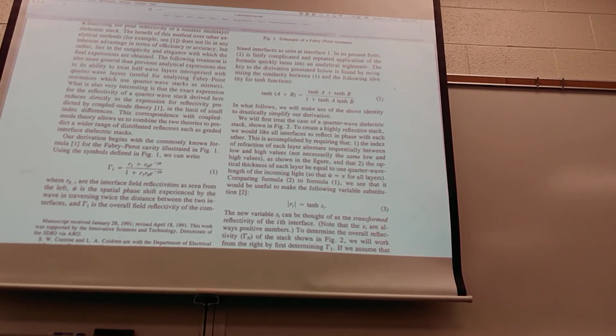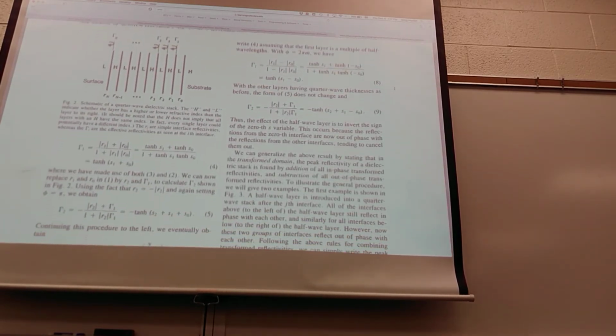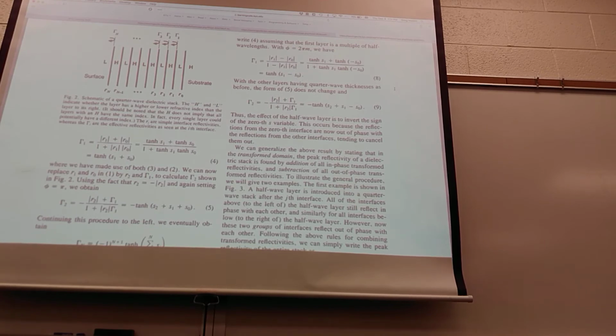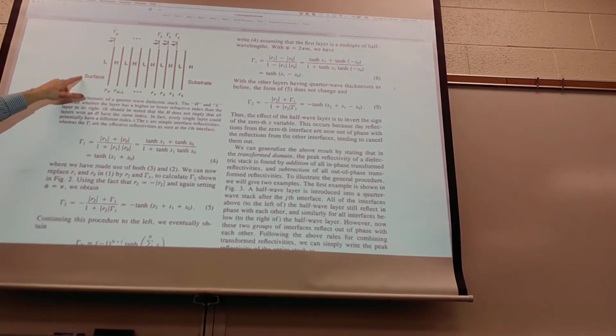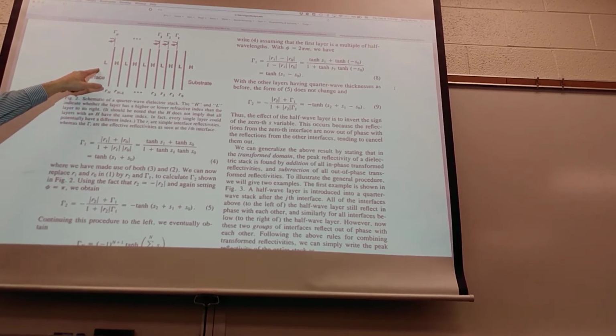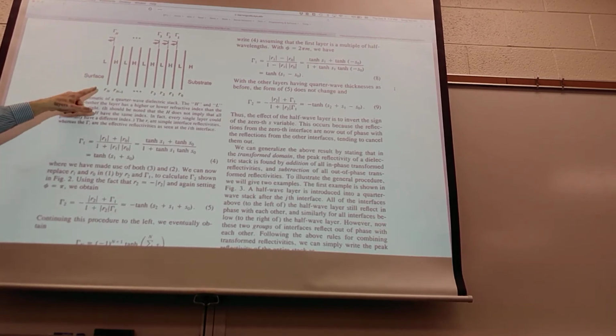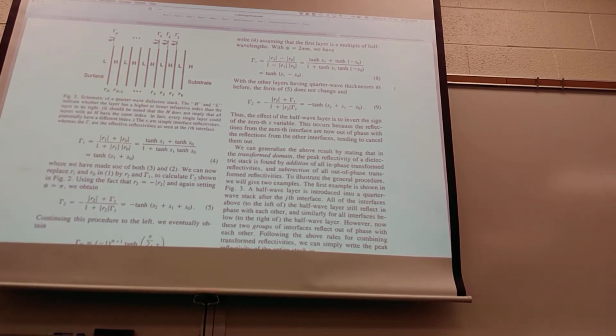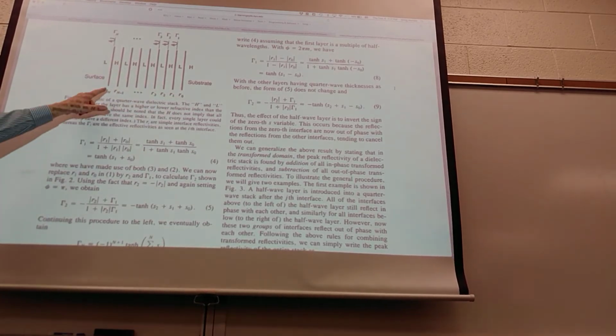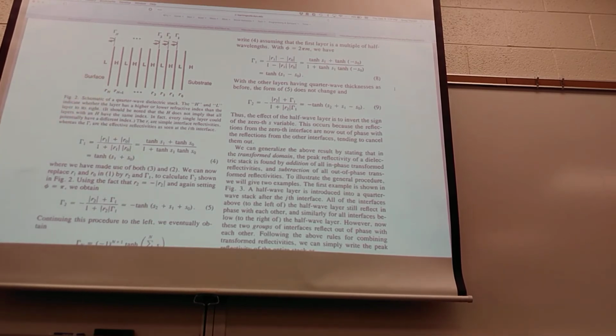So, if we go a little bit further into the paper, here's a stack where the substrate has a high refractive index, the incident material has a low refractive index, and then here we're just alternating high-low, high-low, high-low, requiring that these be either a quarter wave or a half wave.